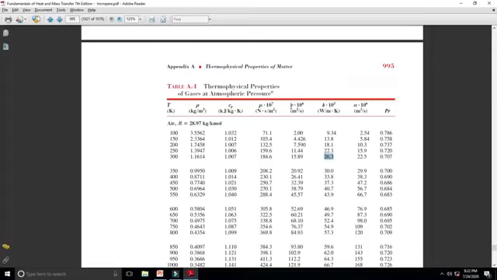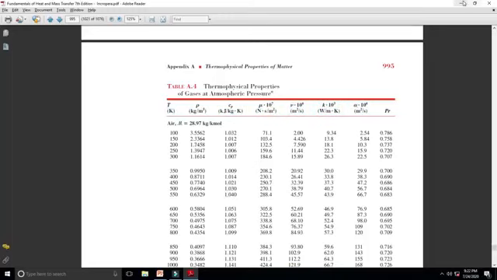Similarly, nu is given by multiplying it with a million. So the actual value is not 15.89, rather it is 15.89 times 10 to the power minus 6. So we need to be careful with the way the values of the properties have been provided.